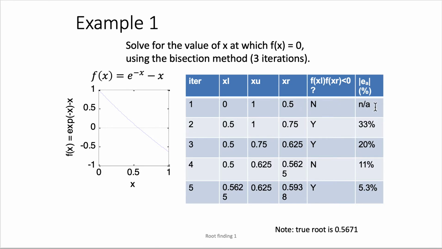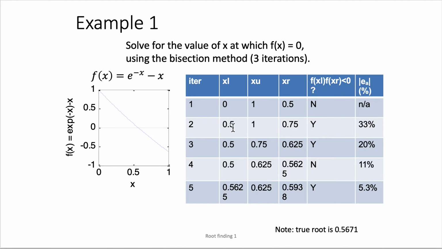Our initial approximate error is not available because we need 2 iterations to compute that, right? Because of the formula above. So we check the left and the 0.5. Does it change sign in there? And the answer is no. So the root must be in this other interval.